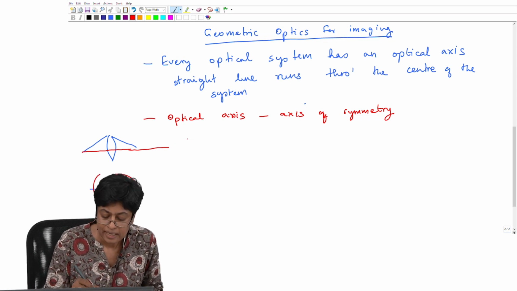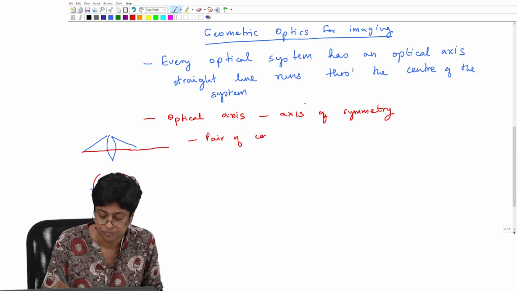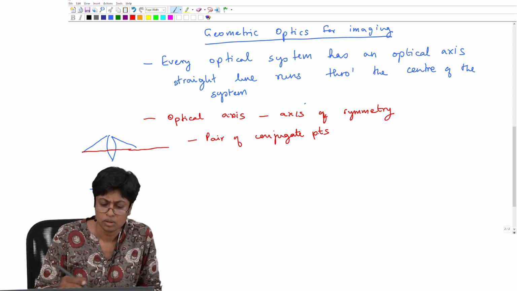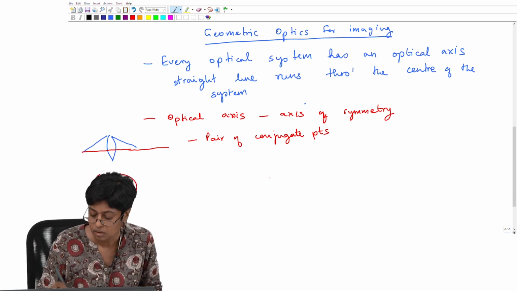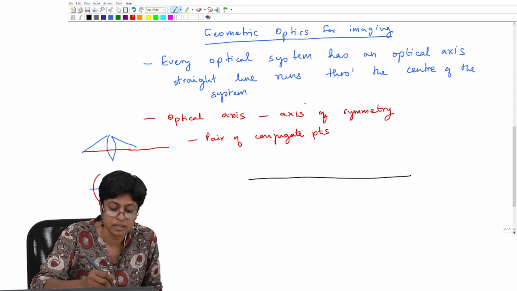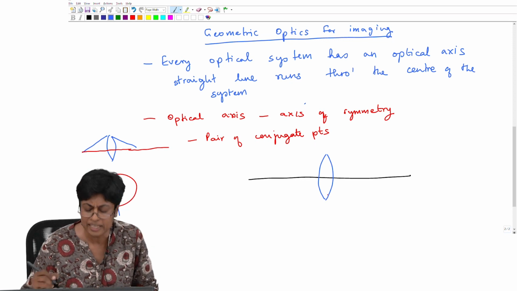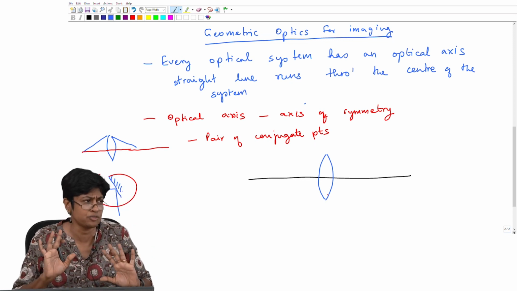Okay. Any optical system has a pair of conjugate points. So, if I think of the optical axis, this is my optical system. I'm drawing a lens. That lens is representative of an optical system.